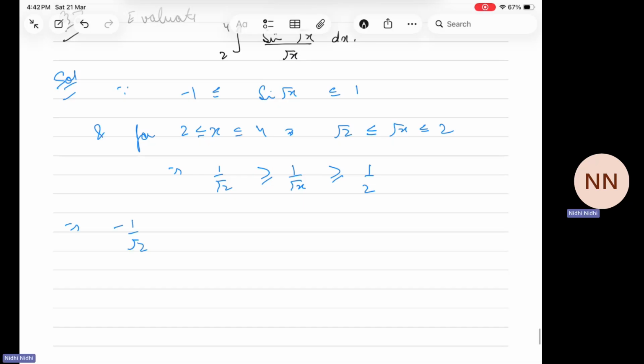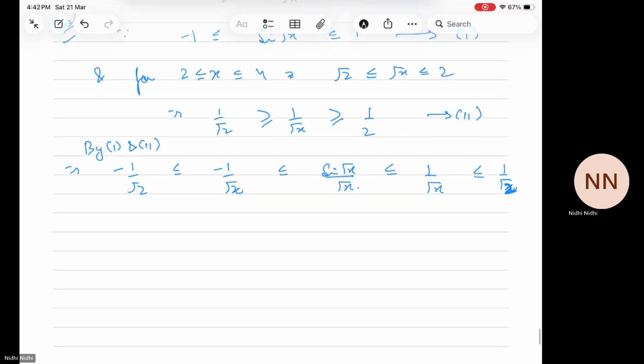So this tells us that -1 by root 2 is less than or equal to -1 by root x, and then sin(root x) by root x, and this will be less than or equal to 1 by root x, and 1 by root x is less than or equal to 1 by root 2.